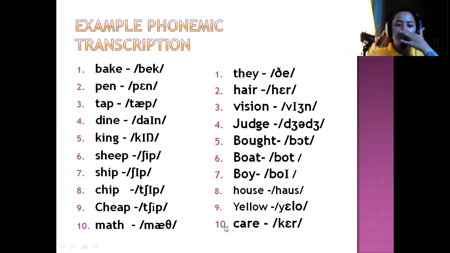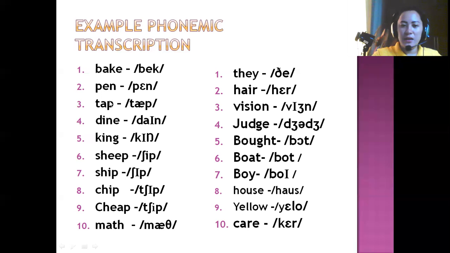So take note. Let's read from the top with aspiration: bake, pen, tap. Observe the letter P here is not aspirated since it is not found at the initial part of the word tap.